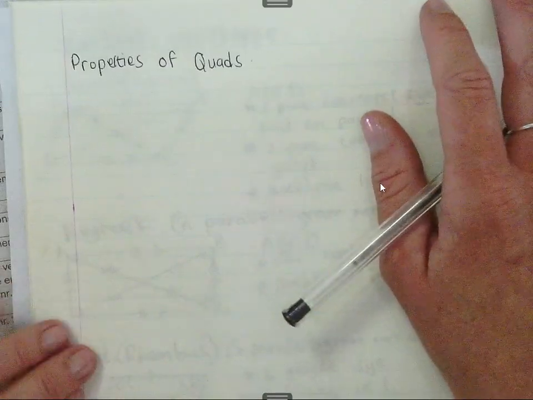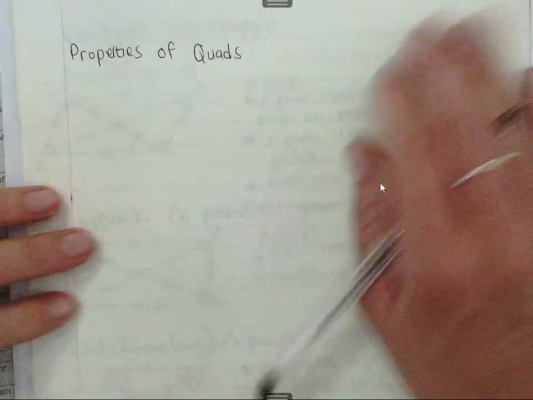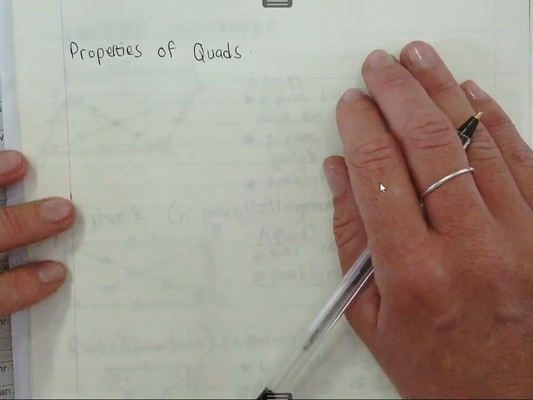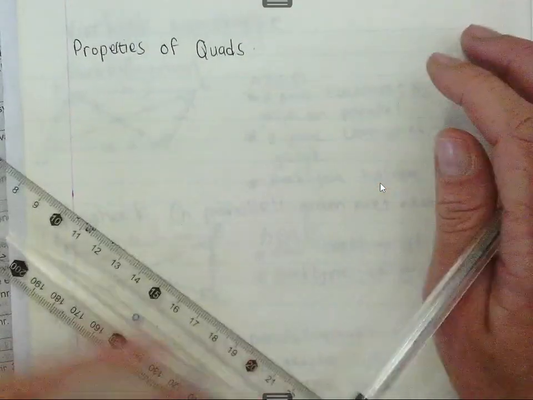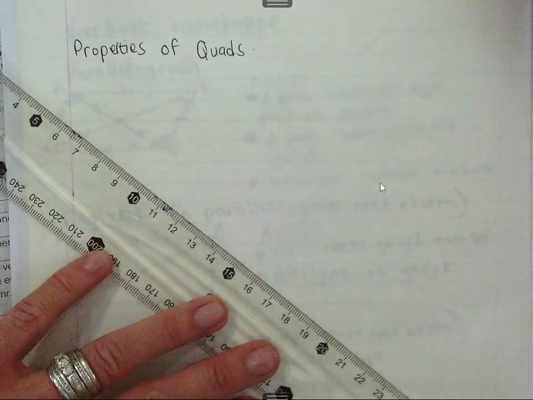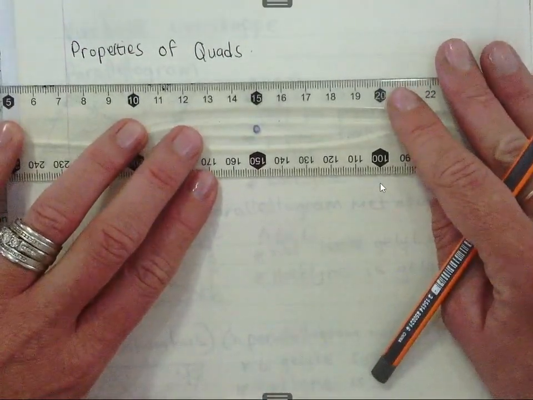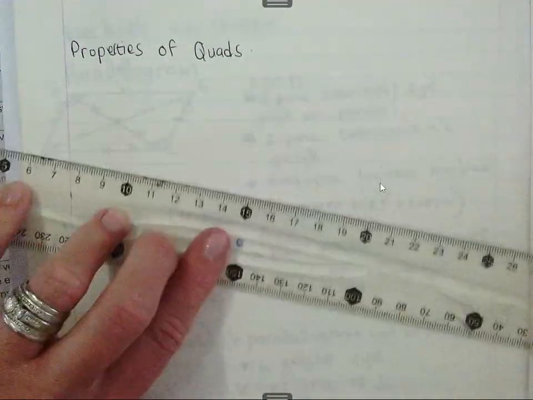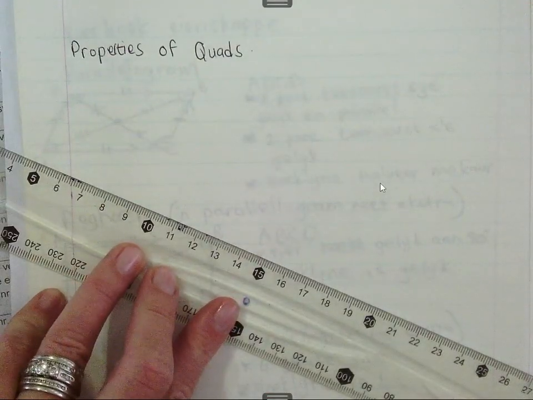Now when we think about quadrilaterals, I need you to think about it like the different doctors that we get. Do you know you get different types of doctors? The doctor that you go to when you have a flu is called a GP, general practitioner.